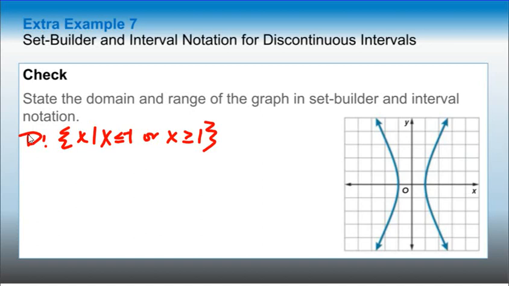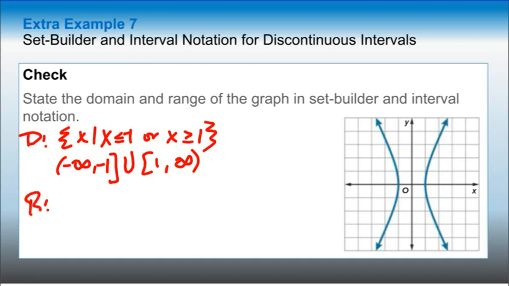And in interval notation, this would be on the low end, negative infinity to -1 with a bracket, union. And on the low end, we got 1. And on the high end, positive infinity with parentheses.